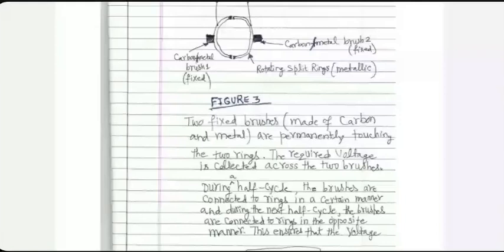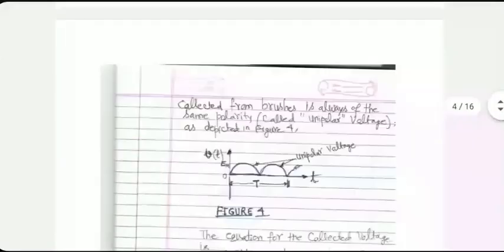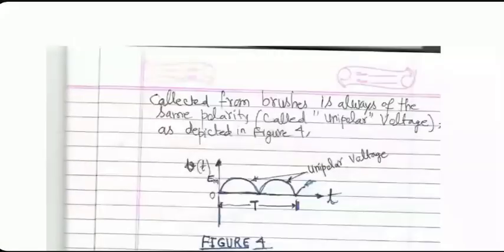During a half cycle, the brushes are connected to the rings in a certain manner, and during the next half cycle, which is negative half, the brushes are connected to rings in the opposite manner. This ensures the voltage collected across the brushes is always of the unipolar voltage.